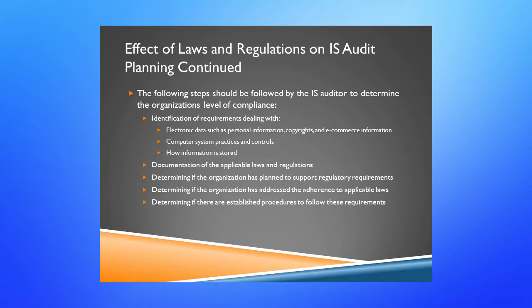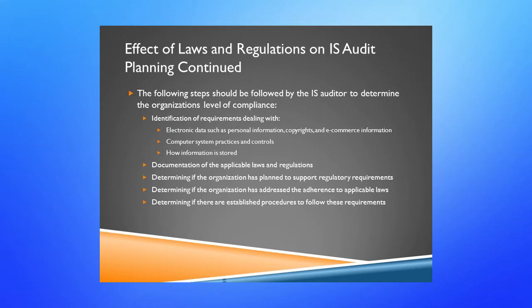Again, if you think about examples, Sarbanes-Oxley and HIPAA are perfect examples of regulations that do affect how we are going to conduct the audit and the requirements that the auditee has to undertake. Now, we can look at some steps that you should follow as the IS auditor to determine the organization's level of compliance. One of them is identification of requirements that are dealing with things like electronic data, like personal information, copyrights and e-commerce information, computer system practices and controls, and how they store information.